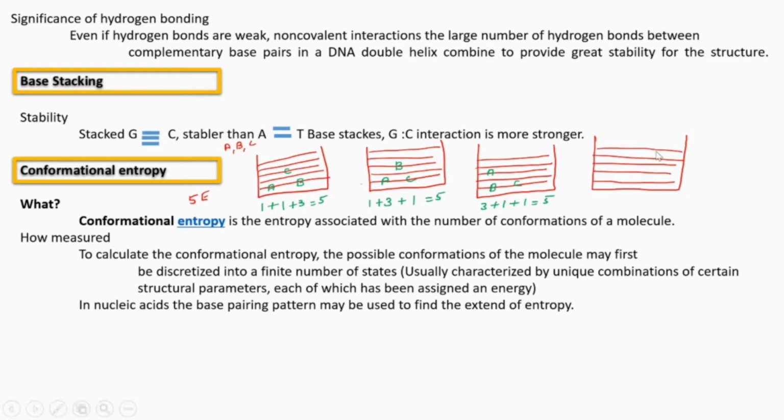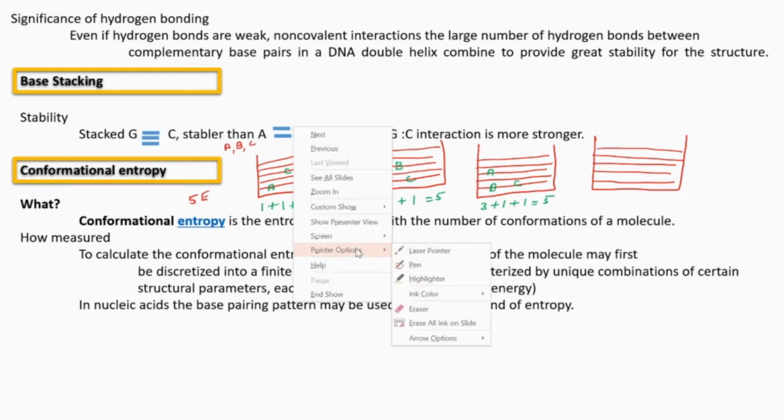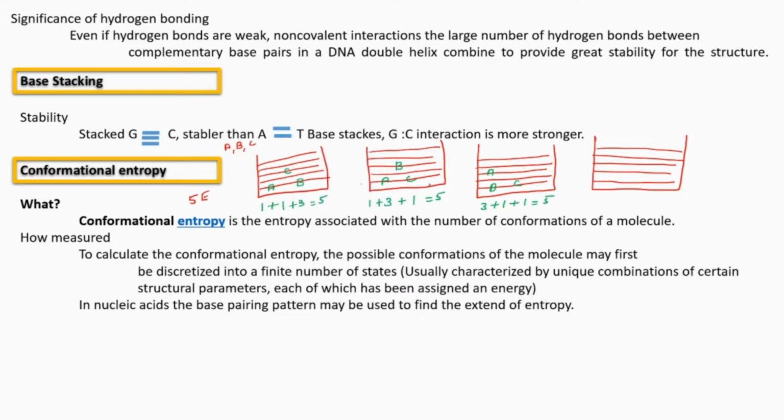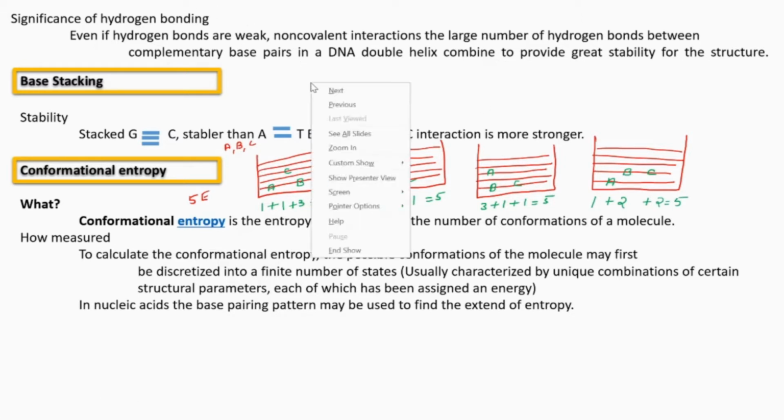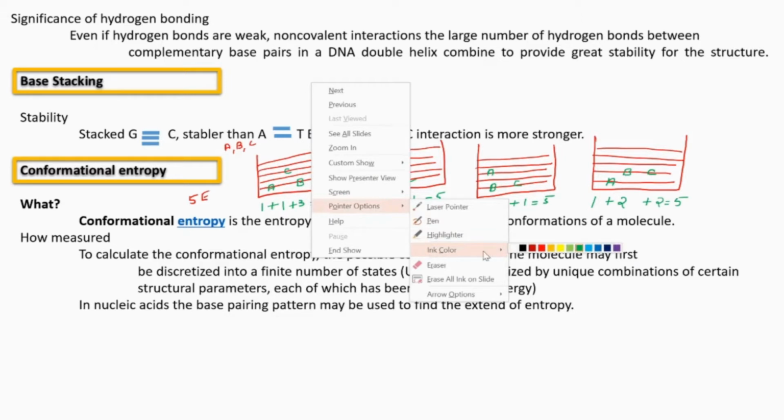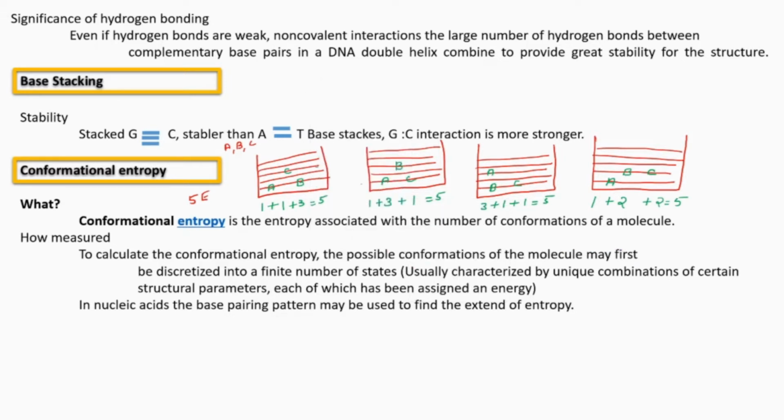I'm going to keep the A molecule in the first energy level and B and C in the second. Then what will be the energy? A has 1 energy, B has 2 and C also has 2, total 5. This is another arrangement.